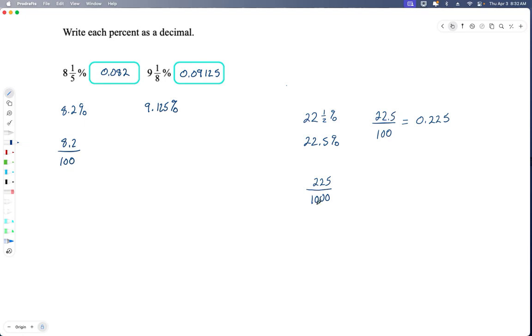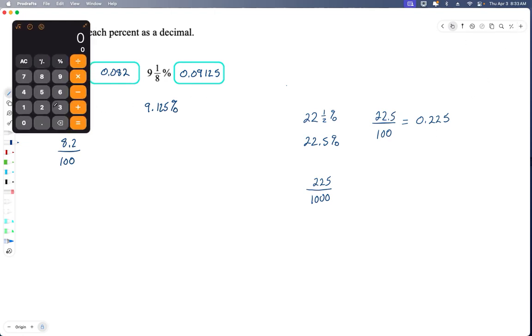Now you could leave it like this, but I prefer that you try to reduce it because that is good for you to understand how that works. It's another process that works well. So I think that we can divide everything here by 25. 225 divided by 25 is 9.